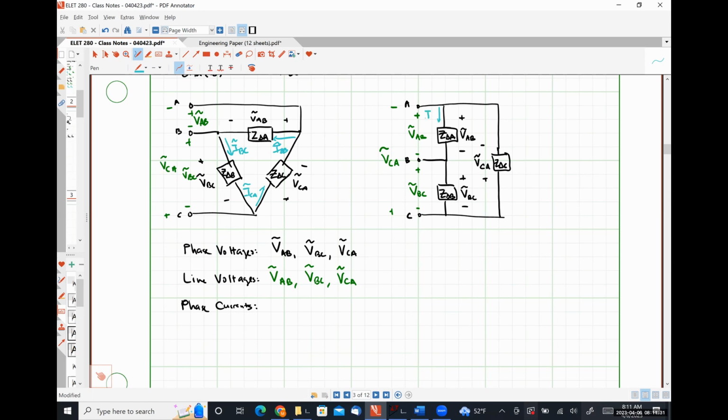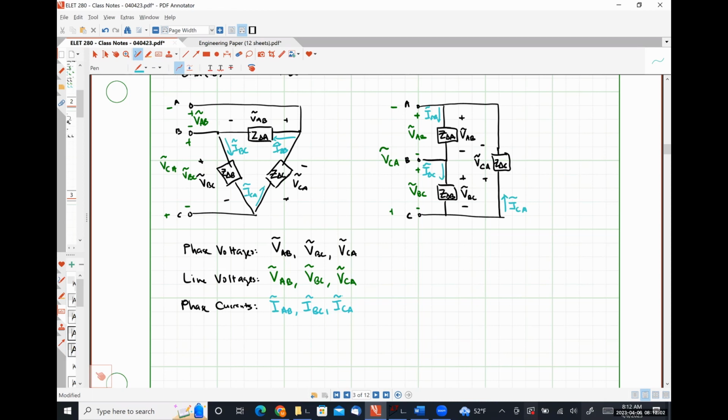I'll try to fit it in. So there are our different quantities that we might be interested in for a delta connected load.